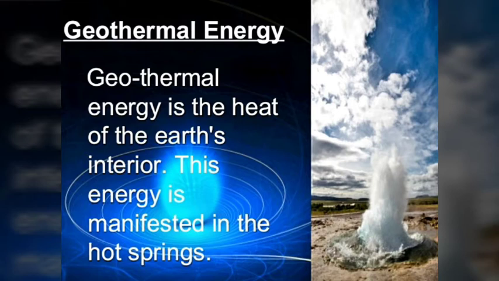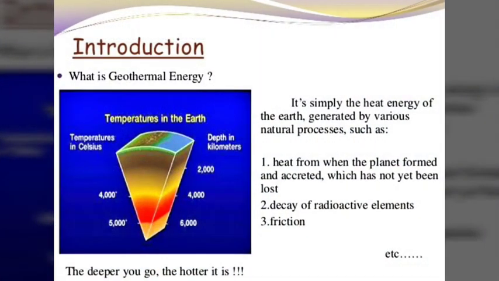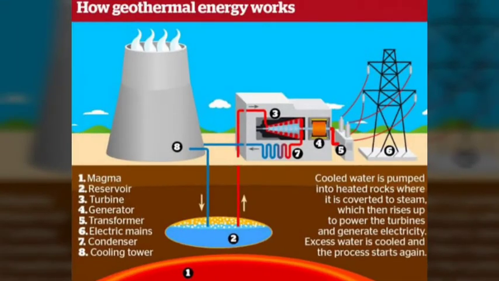As we can understand from the layers of the earth, in the deep layers of the earth, heat energy is generated by various natural processes, or the decay of radioactive elements, or friction. You just need to understand that the deeper you go inside the earth, the hotter it is, and that's how we can generate geothermal energy, right?